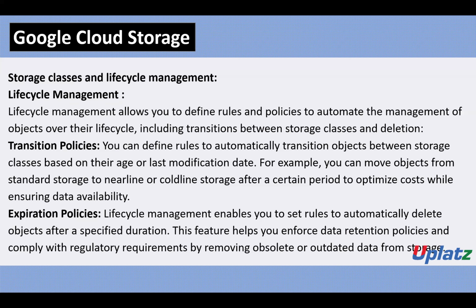For example, you can move objects from standard storage to nearline storage or coldline storage after a certain period to optimize cost while ensuring data availability. So lifecycle management allows you to define the rules and policies to automate the management of objects over their lifecycle, including transitions between storage classes and deletion.